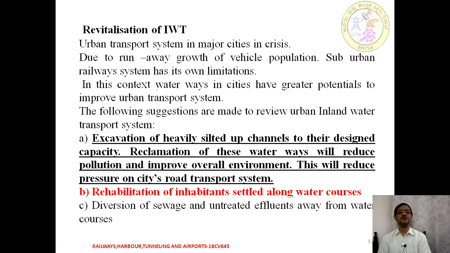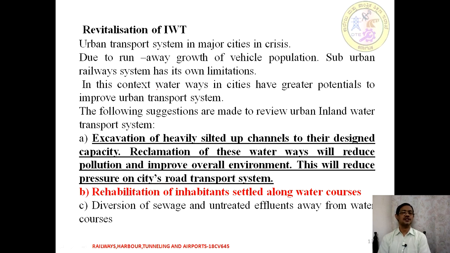Hence, a few suggestions have been made to revitalize IWT and to revive the urban land for this facility. The first point is the excavation of heavily silted-up channels to their design capacity, so that the draft is maintained. Then the reclamation of these waterways will reduce pollution and improve the overall environment.